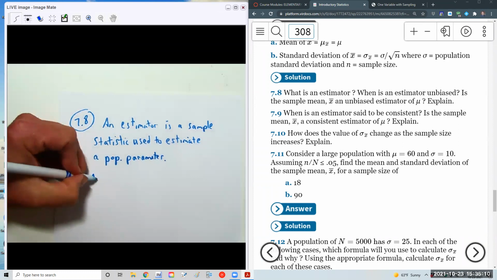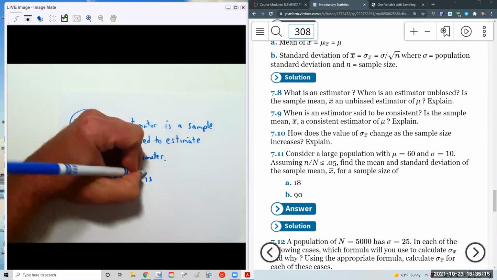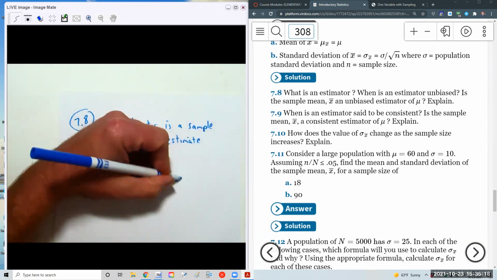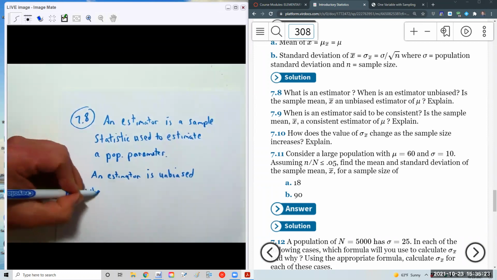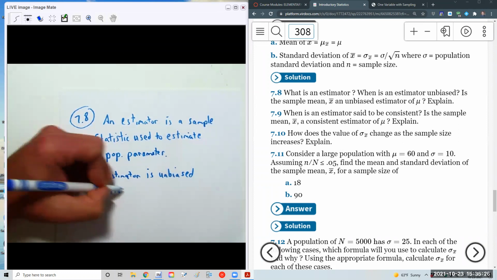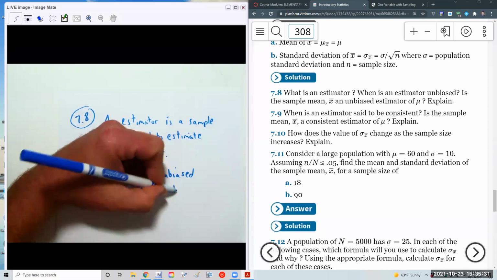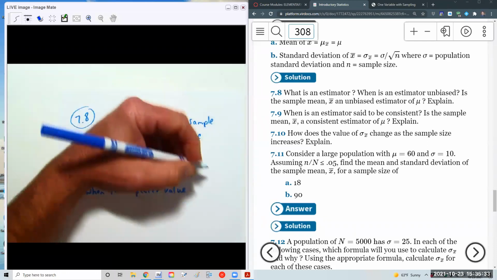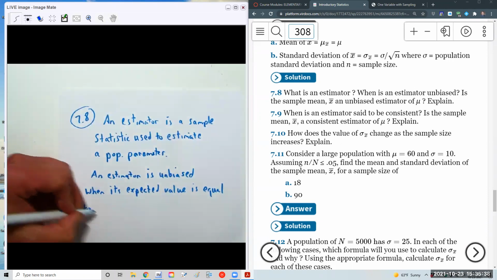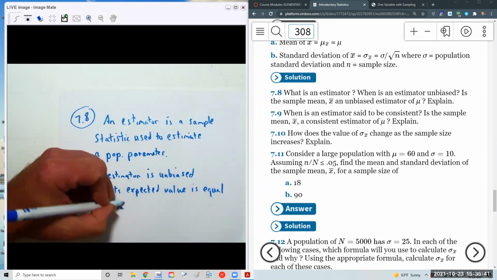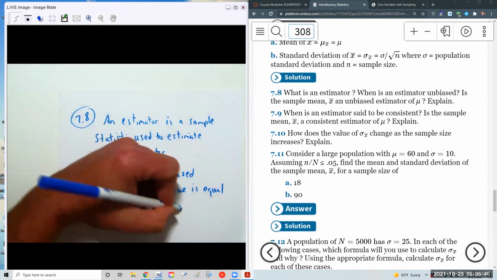So that's what we're going to say: an estimator is unbiased when its expected value is equal to the value of the parameter it's estimating.